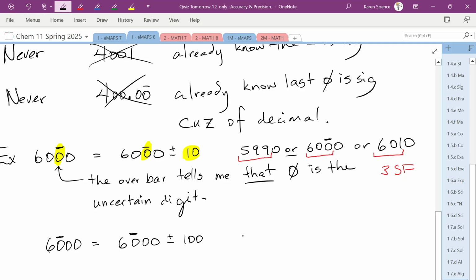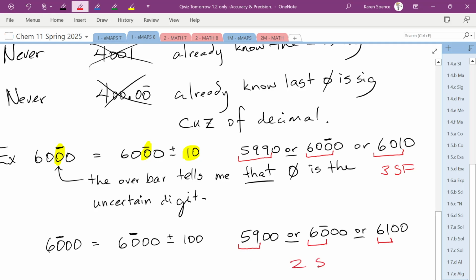So that could be 5,900, or it could be 6,000, or it could be 6,100. And in each case, we have 2 sig figs.